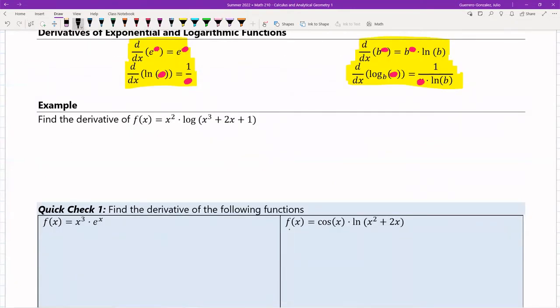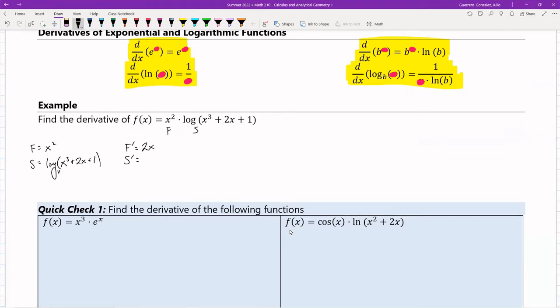So for this one, notice that it is a product, so we need a product rule, right? I'm going to call it first and second. So my first is the x squared. The second is log of x cubed plus 2x plus 1. Okay, so then f prime, the derivative of the first is 2x, and the derivative of the second, we're going to be using this one, right?